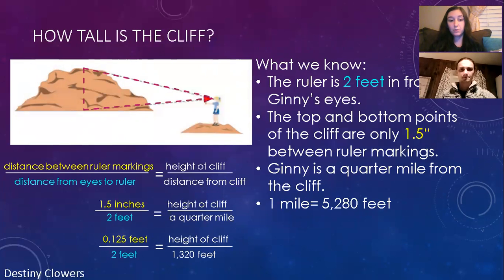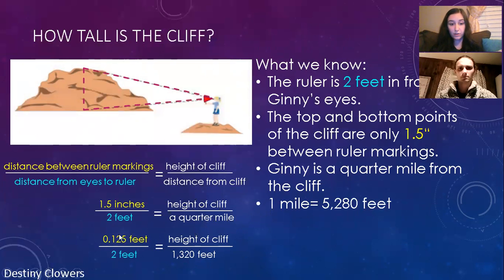When we do that, we get 0.125 feet. For the quarter mile, we divide 1 mile, or 5,280 feet, by 4 because 4 quarters make up 1 mile. When we divide this number by 4, we get 1,320 feet.